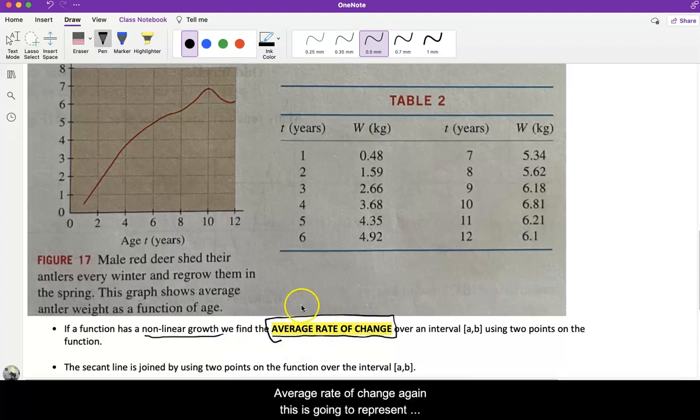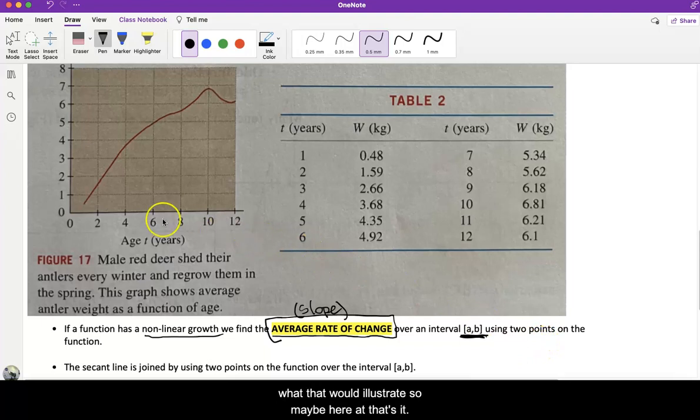Average rate of change, again, this is going to represent slope, we could think about. However, we're going to have to use an interval by using 2 points on the function.